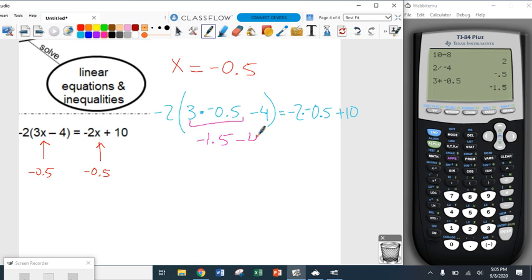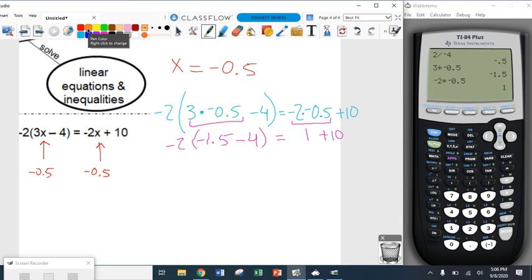I'm still subtracting that 4, and it's all inside of parentheses. On my right-hand side, I have negative 2 times negative 0.5. I get a positive 1. I bring down my plus 10, and now I'm ready to simplify even further.